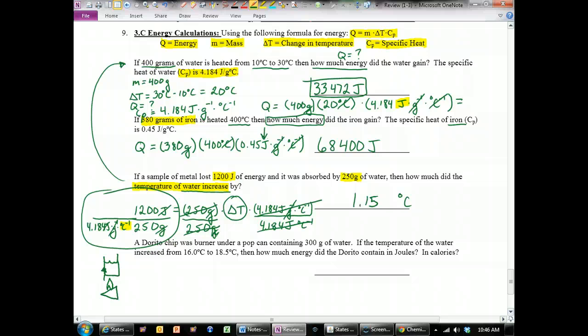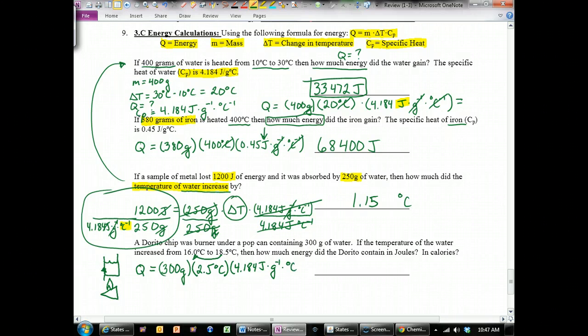So for the water gained, we can use the equation, where Q is what we're solving for, how much energy the water gained. We know the water weighs 300 grams, and its change in temperature increased by 2.5 degrees Celsius. That is gotten from subtracting 16 from 18.5. And the specific heat of water is 4.184 again.